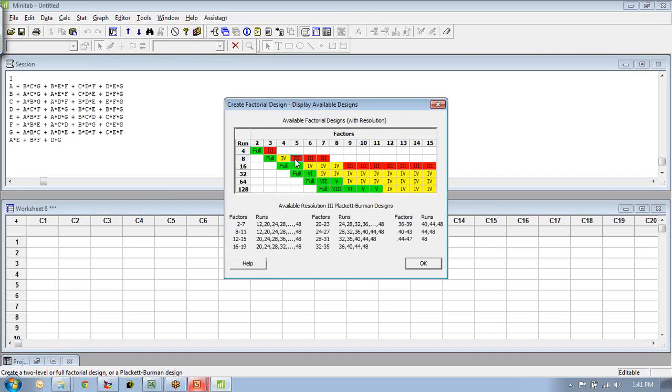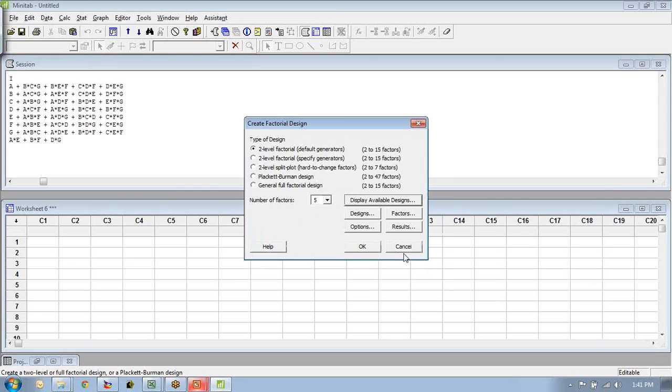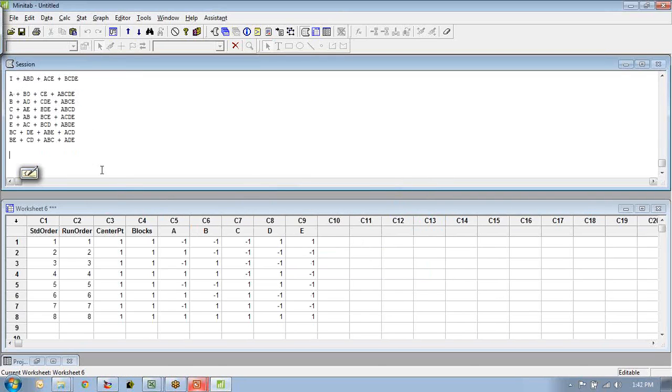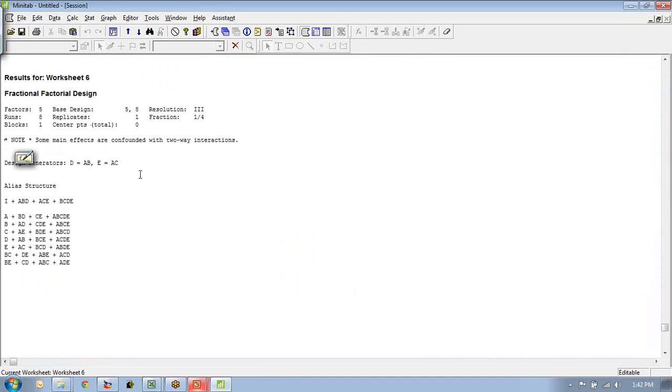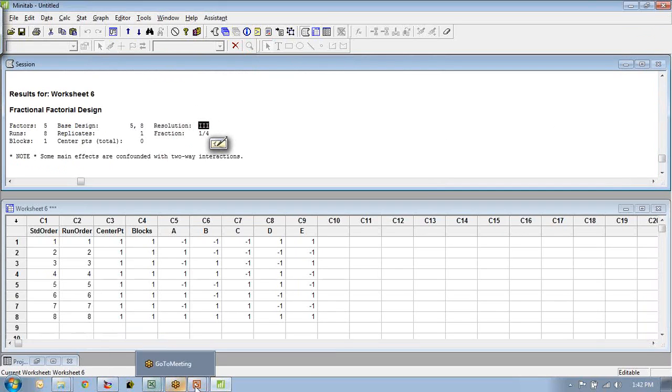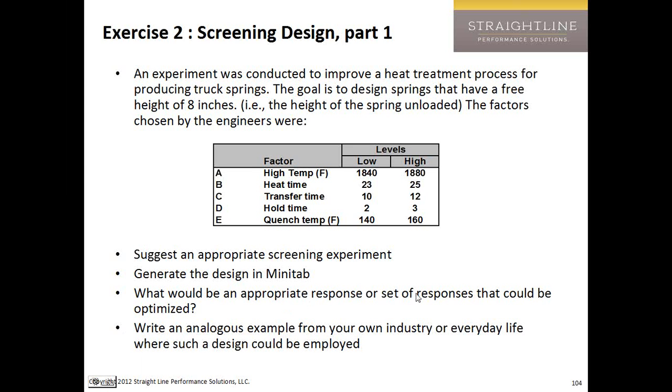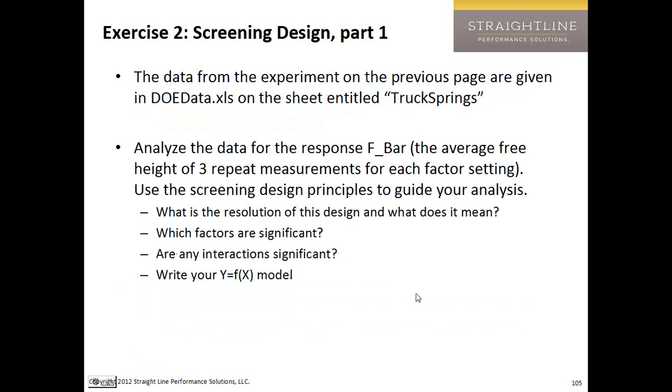So we might be able to do a screening design in 8 runs, and there we go. There's our resolution 3 design right there. And I'd like you to do an analogous example from your own industry or everyday life.